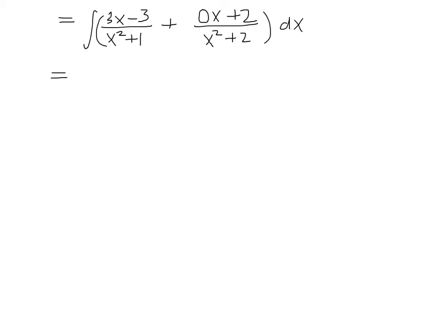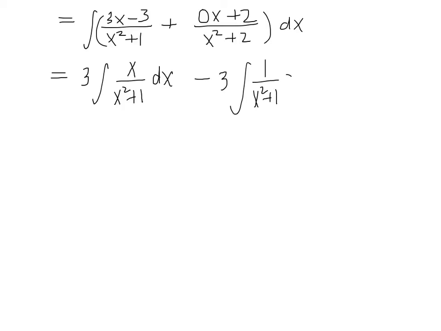So I'm going to write this into a couple integrals. I will have 3 times the integral of x over x squared plus 1 dx minus 3 times the integral of 1 over x squared plus 1 dx plus 2 times the integral 1 over x squared plus 2 dx.